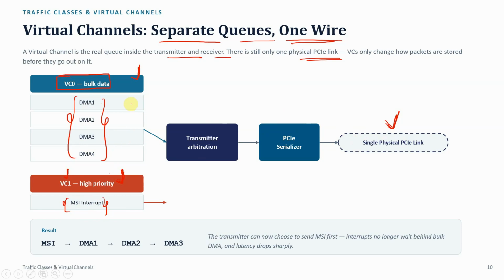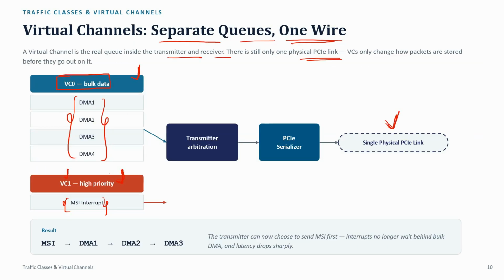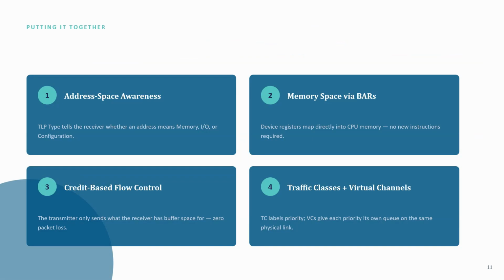So a channel is kind of a grouping of all your packets, and each packet is going to have its own TC, traffic class tag, and you are going to group everything inside your channel. That's it. This is nothing but your virtual channel and traffic class.